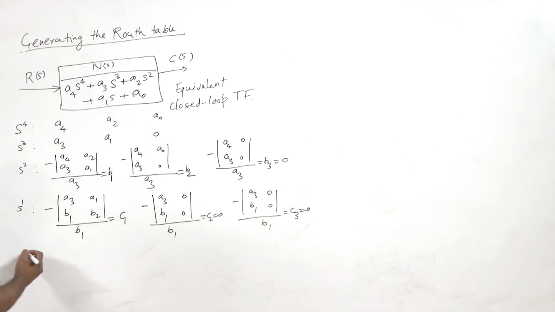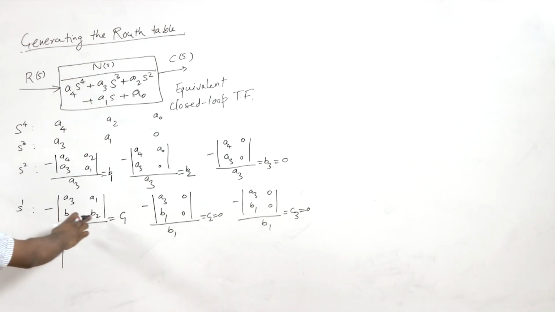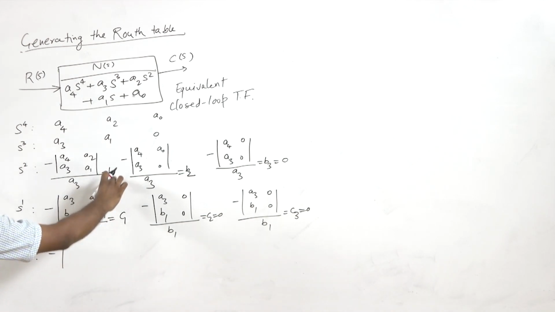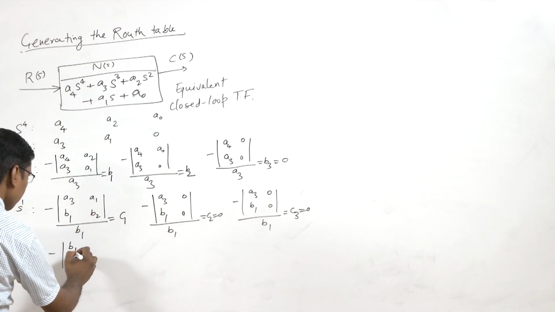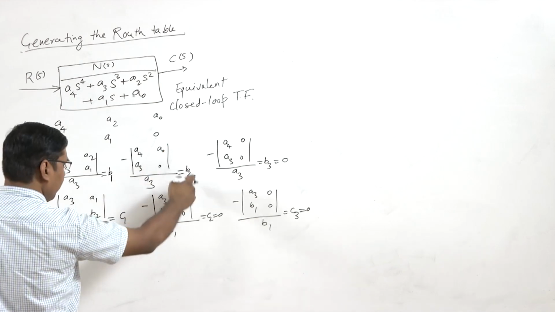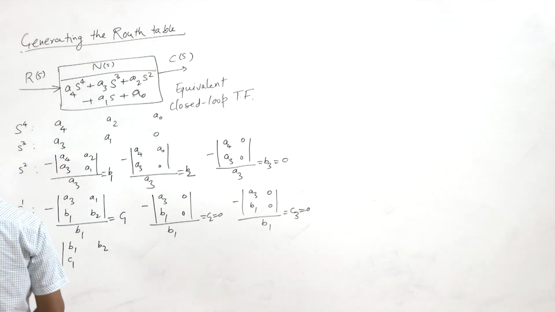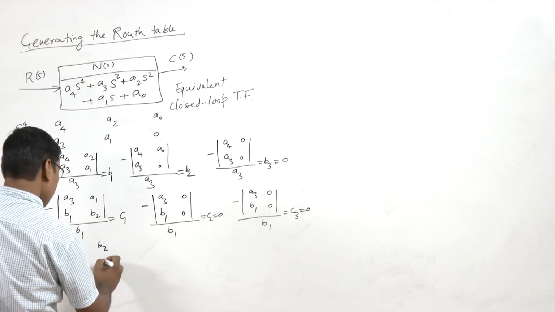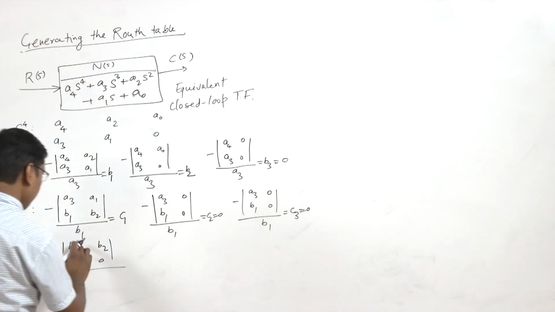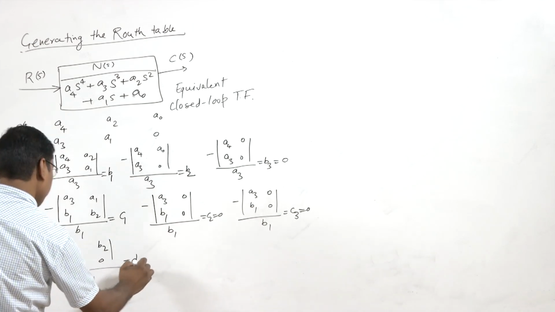Then come to S0, so minus, here this column B1 C1, and then the next column B2 and 0 by C1, and let us say this is D1.